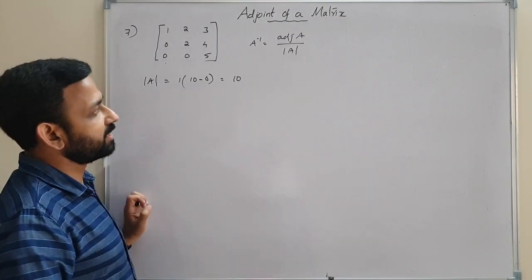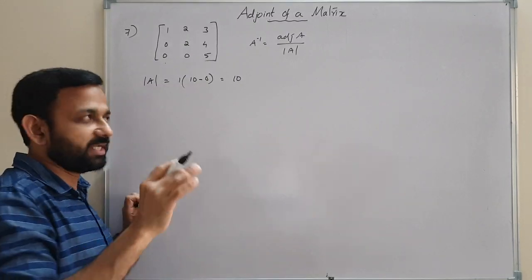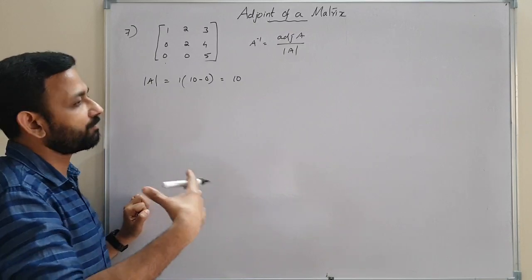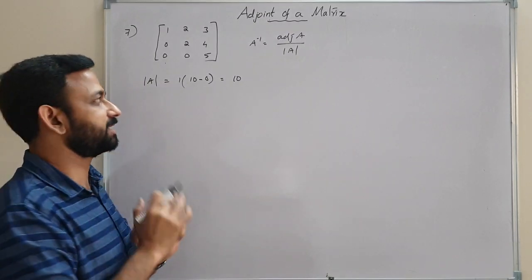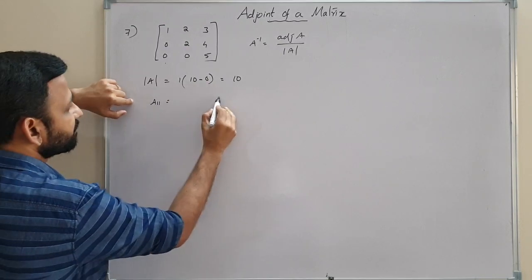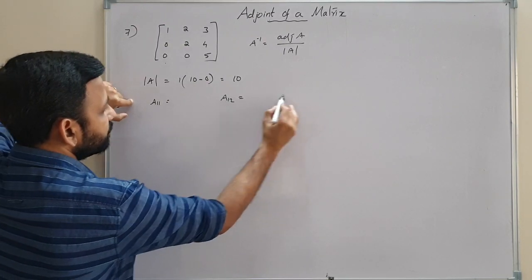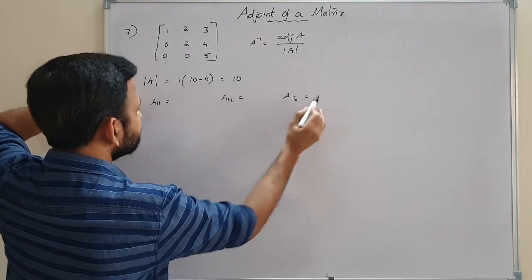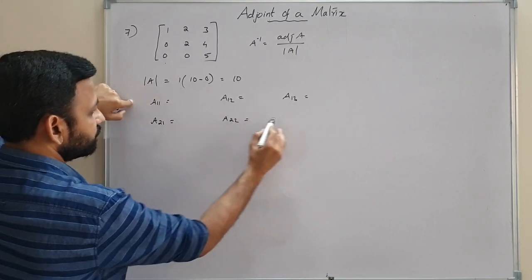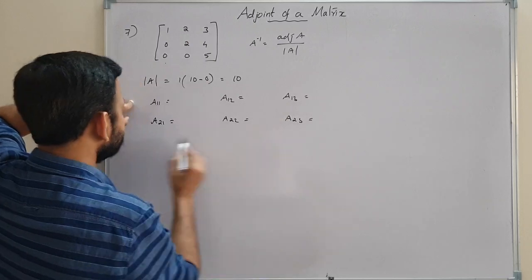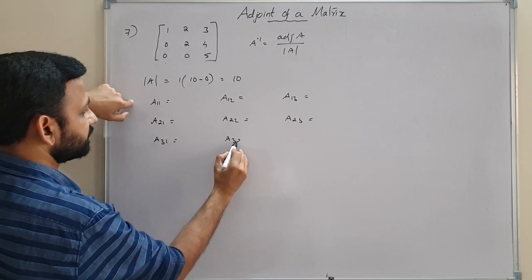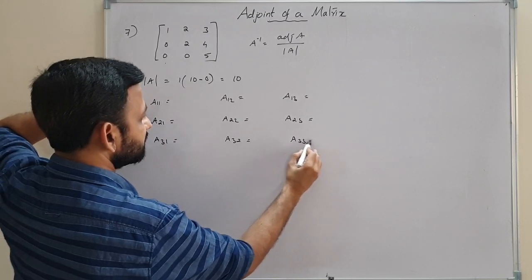Now we have to find adjoint A. Adjoint A is the transpose of the cofactor matrix. So we need to find the cofactors of all the 9 elements. We will find the cofactors A11, A12, A13, A21, A22, A23, and A31, A32, A33.